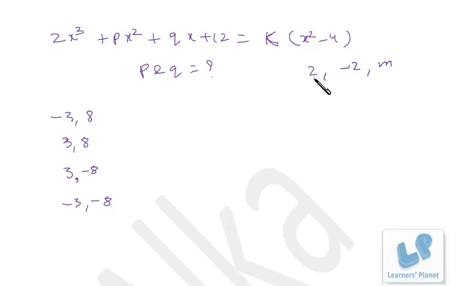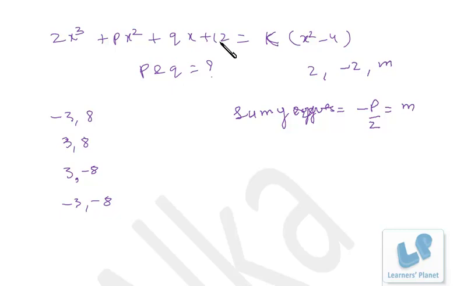Now the sum of these three, that is this plus this plus this, should be equal to the sum of roots, which is the coefficient of x square in negative, in a cubic equation, divided by the coefficient of x cube, right? So that's minus p by 2. Okay, so that's actually 2 minus 2 plus m. So that's m.